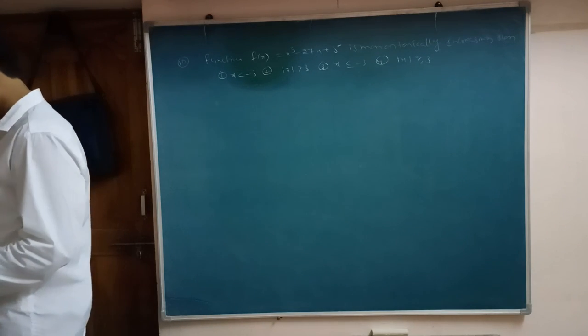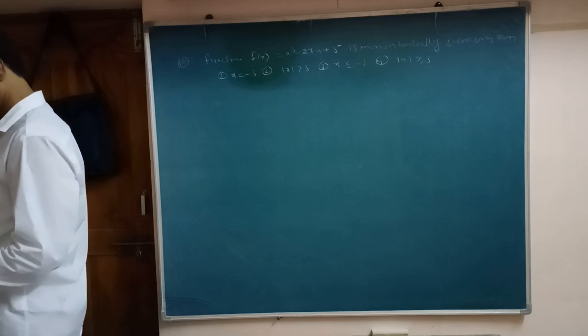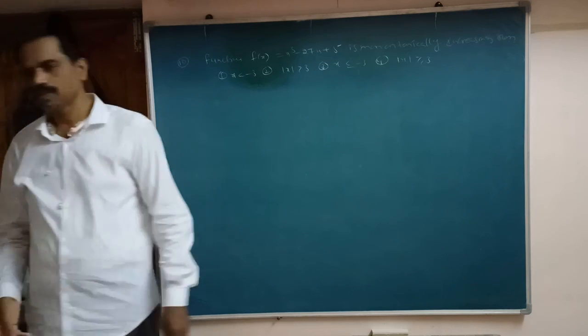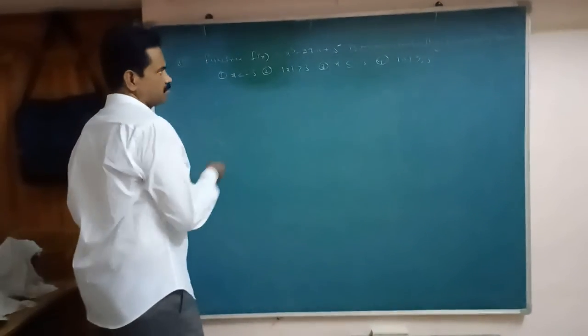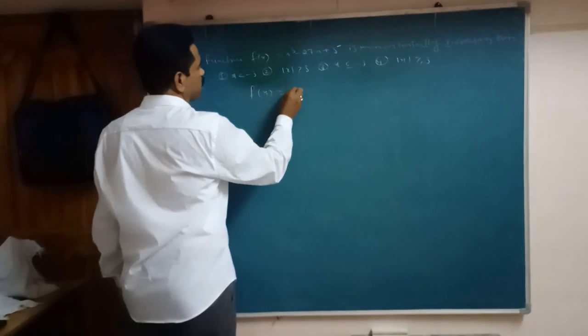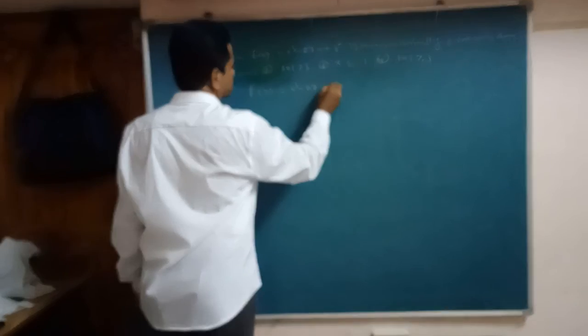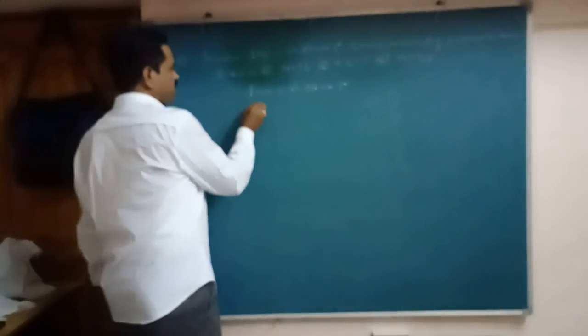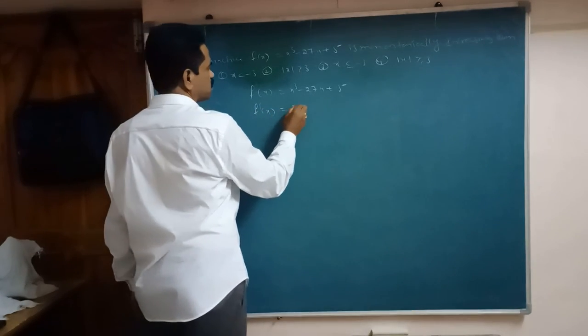We can find out the factors here. Sorry, find the derivative here. F of x is x cube minus 27x plus 5. F dash x is 3x square minus 27.